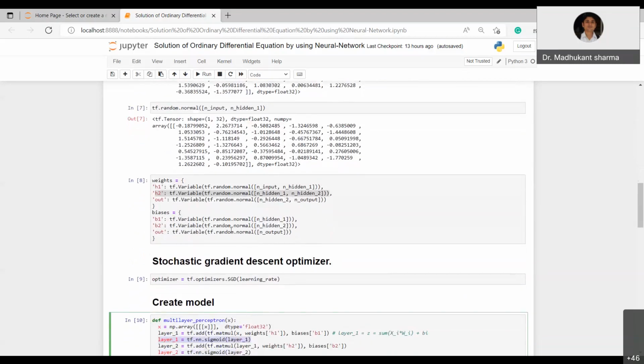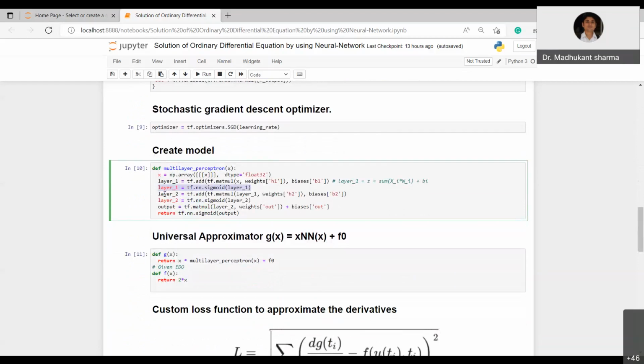Now, layer 2 is defined similarly to layer 1. We again take the multiplication of the layer 1 output and the weights W2, meaning all the weights between hidden layer 1 and hidden layer 2, and again I am adding bias b2.